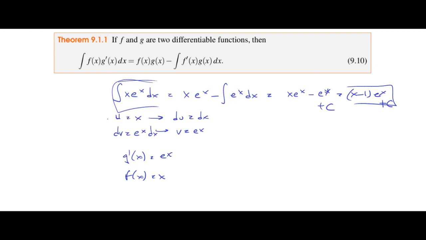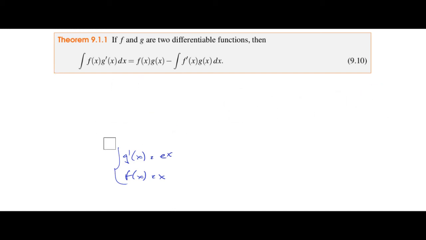Either way works. If you already know how to do it using this notation, then go ahead, as long as you know what you're doing. If not, you can do it using this notation. Both ways are fine. This is useful whenever we have, for instance, a polynomial multiplying an exponential or a cosine or sine, things like that, which is easy to integrate several times to find a primitive, and the polynomial is easy to differentiate, and if you do it over and over again, it will disappear.